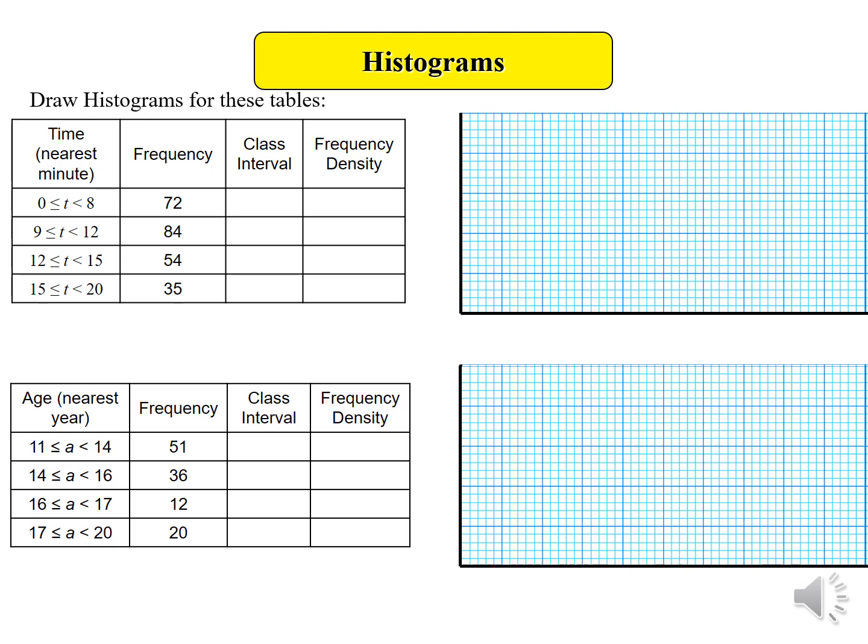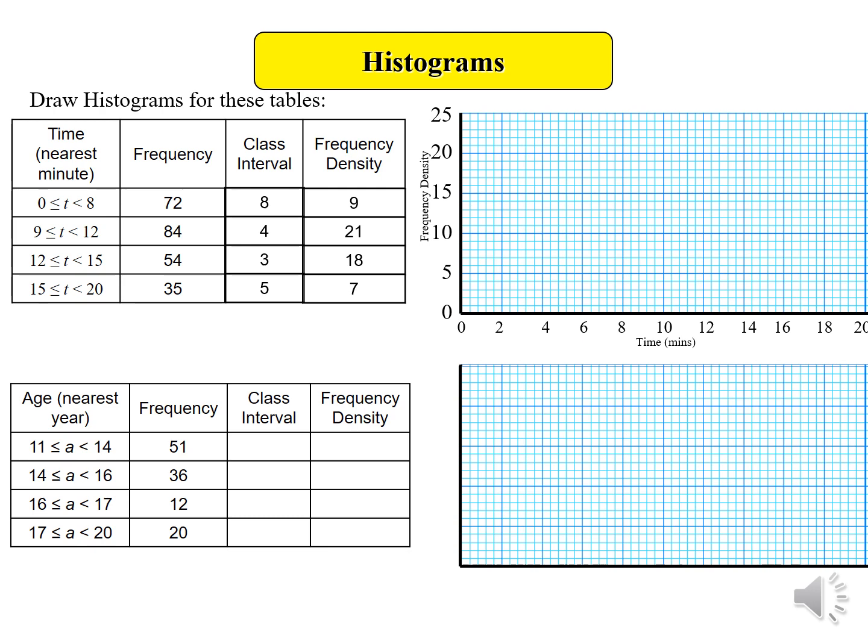Same examples we have to consider. Just go through it. There are 4 classes from 0 to 8, 9 to 12, 12 to 15, 15 to 20. Class intervals have been defined as 8, 4, 3, 5. Likewise, with the same example and the same formula, we have to define frequency density, which will be 9, 21, 18 and 7.